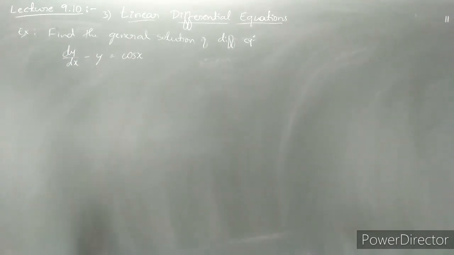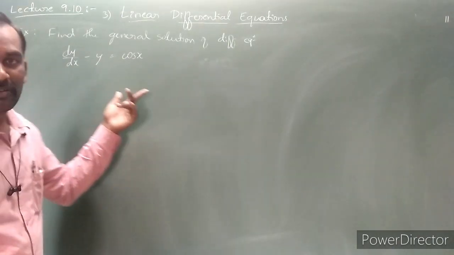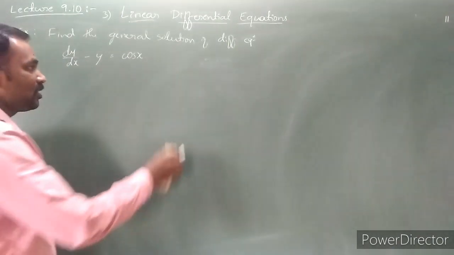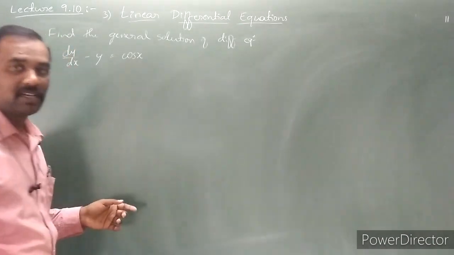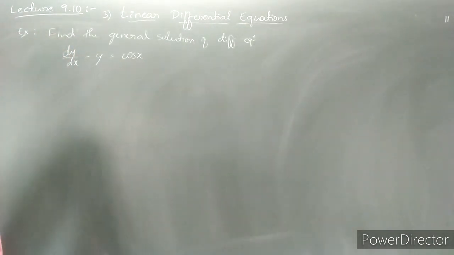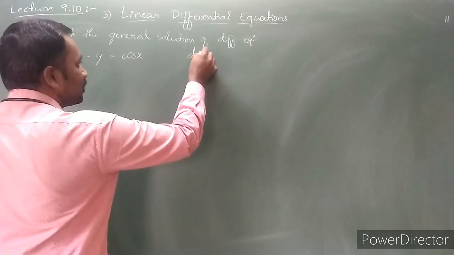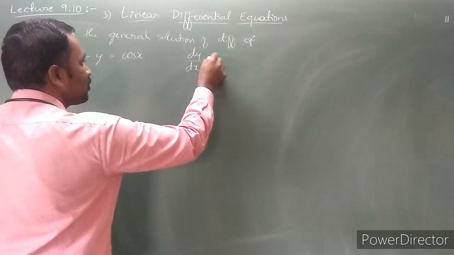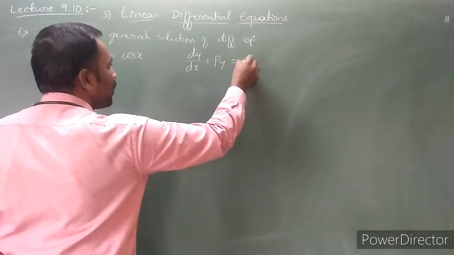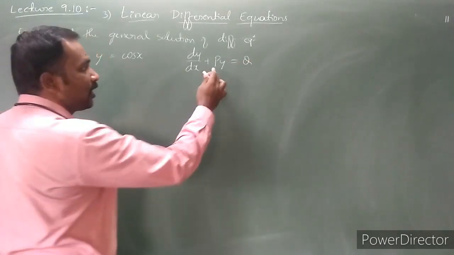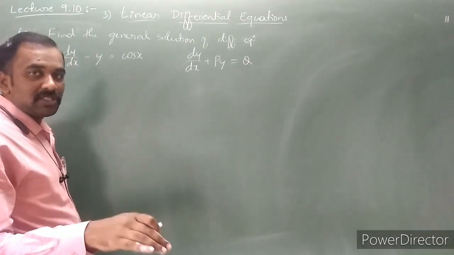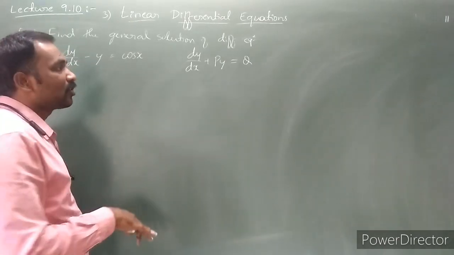Then directly we can apply the linear differential equation method in the examination. This is how, in this manner, we have to cross verify. We already know the general linear differential equation dy by dx plus py is equal to q, where p and q are functions in terms of x or a constant.